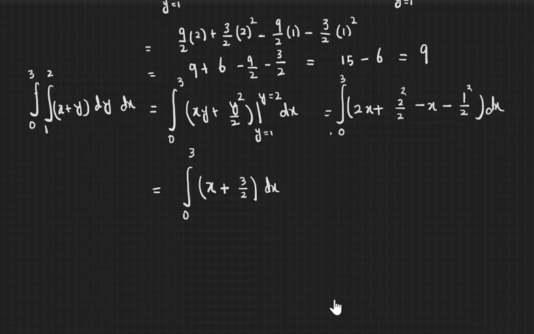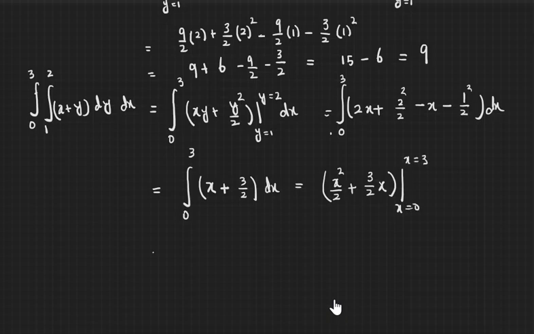Now integration of x plus 3 upon 2 with respect to x would be x square over 2 plus 3 over 2 times x, taking the limits of integration with respect to x, which is x equals 0 to x equals 3.